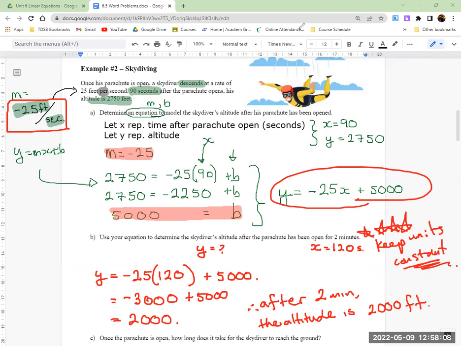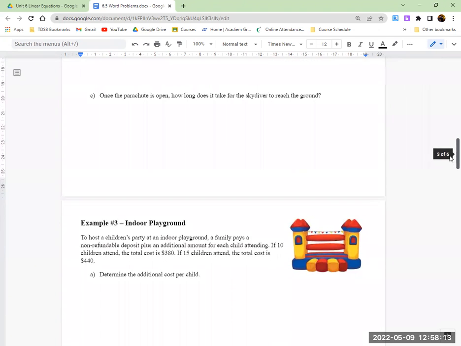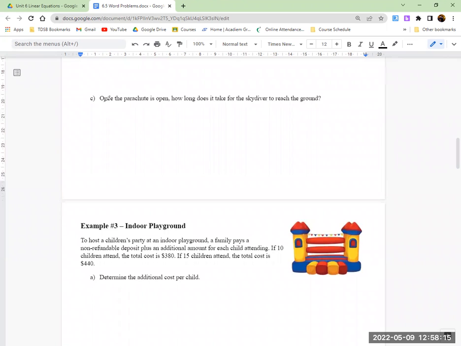Consider this. As soon as you open up the parachute, we are following this equation. Long story short, I didn't talk about this yet, but it's a good thing to note. This is the starting value. If the amount of time that I open the parachute is 0 seconds, that's my initial height, initial altitude.